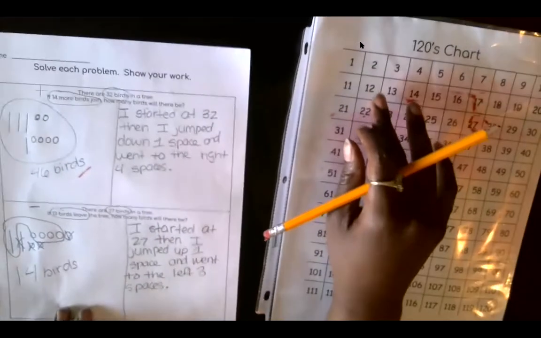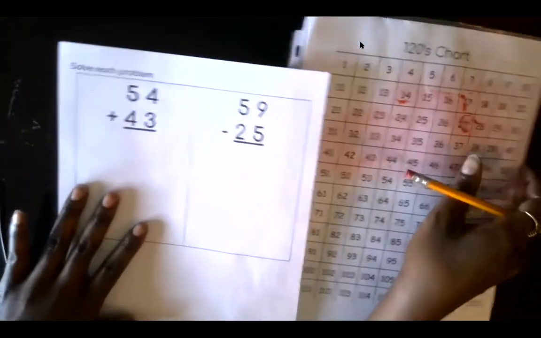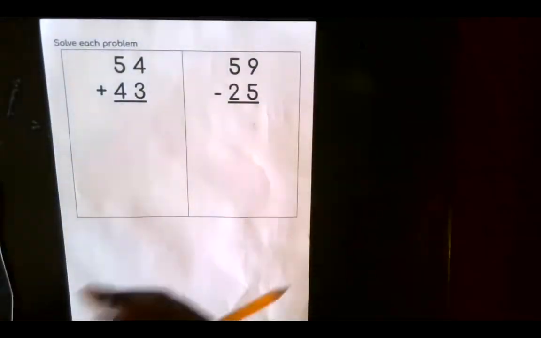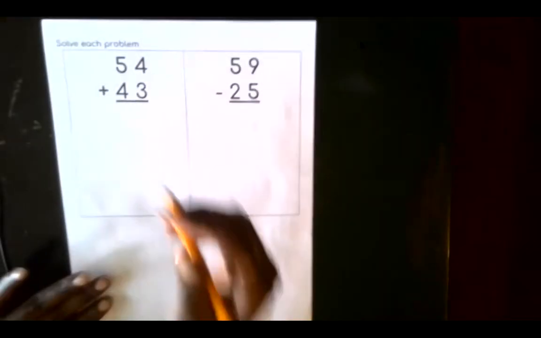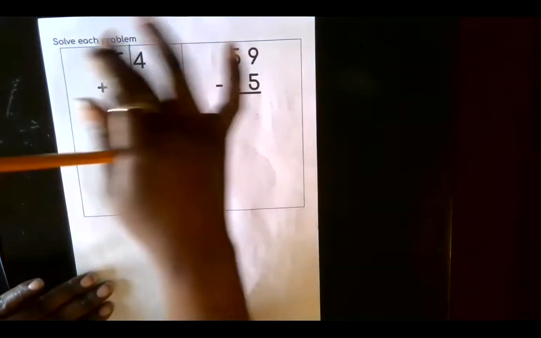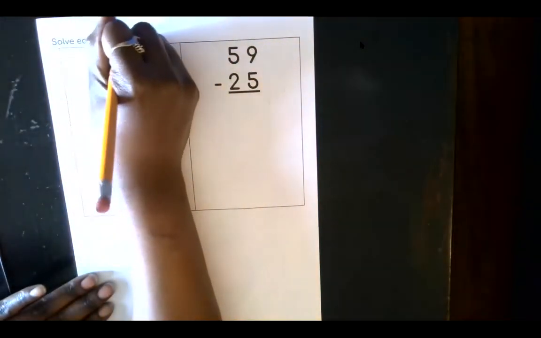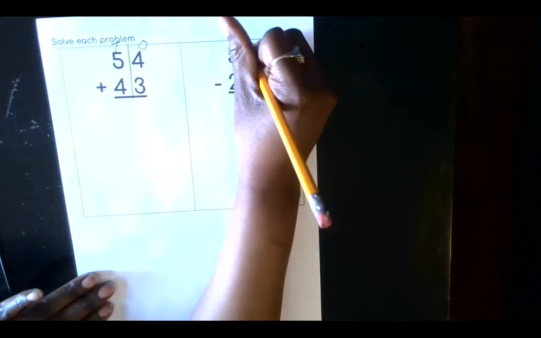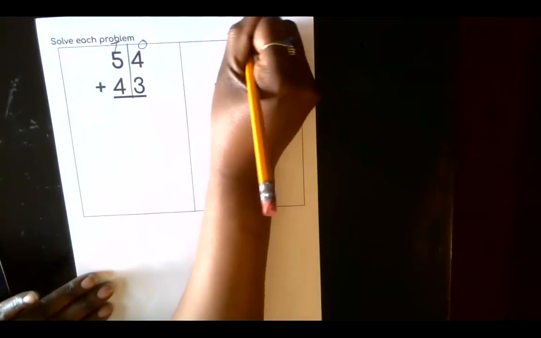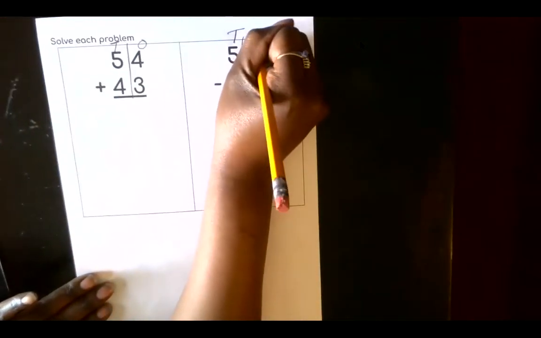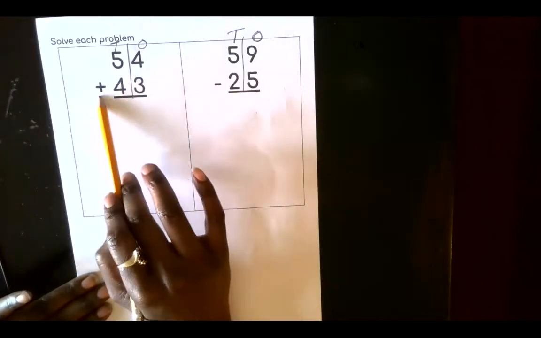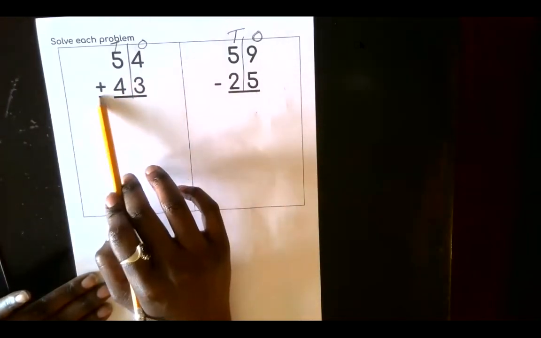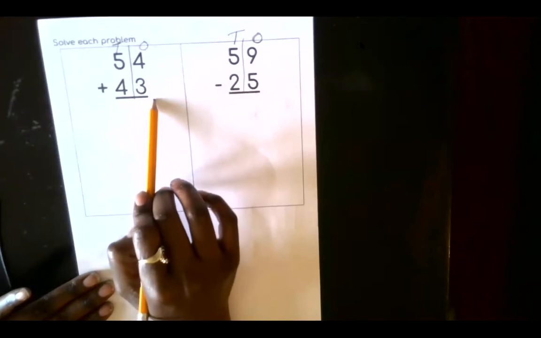Then I'm going to solve these math problems using the math problem strategy, just the algorithm. I like to divide my math problems to show the place value. Tens, ones. I'll go ahead and do this one too. Tens, ones. So here we're adding, we're doing Gus the plus. 4 plus 3.